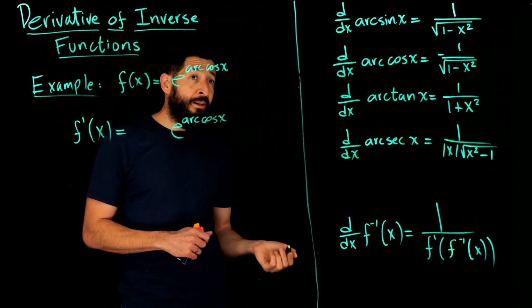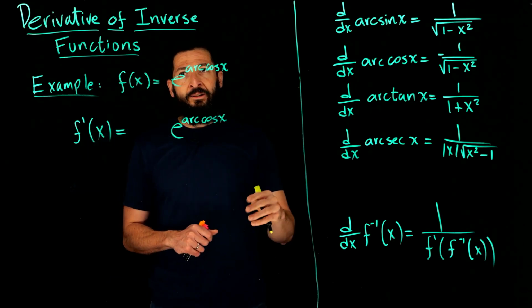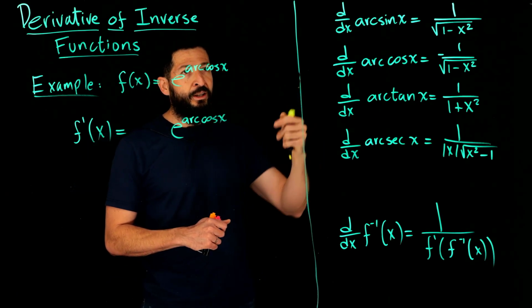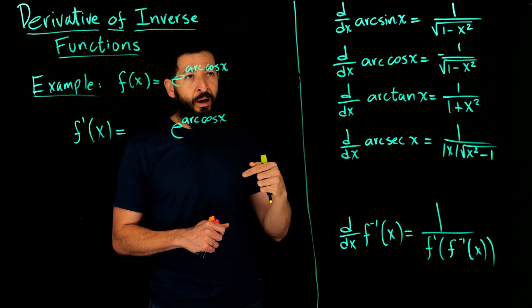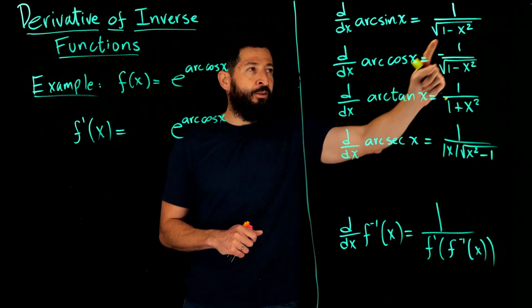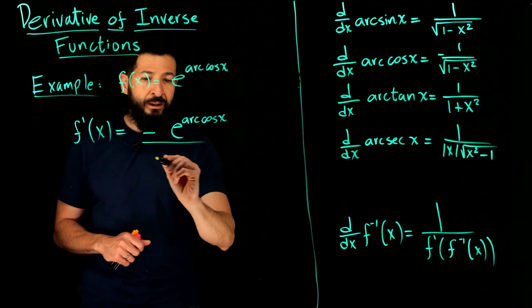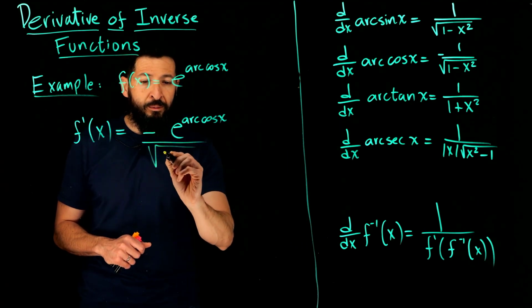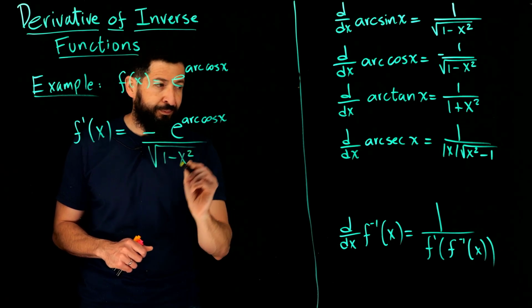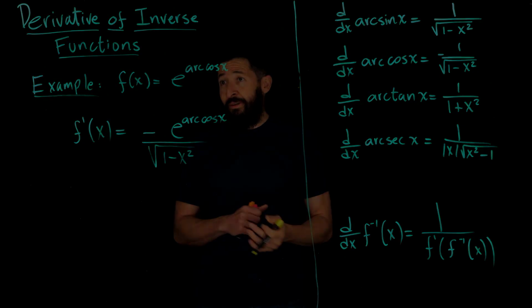But I have to pay with the derivative of the exponent. Remember, the derivative of e to the power of u is going to be e to the u times u prime. So derivative of the exponent. So here, derivative of the arc cosine is going to give me a negative 1 over square root of 1 minus x squared. So that would be your derivative.